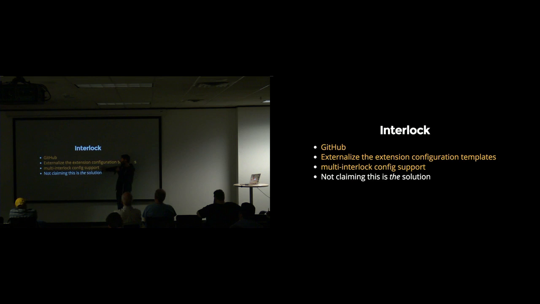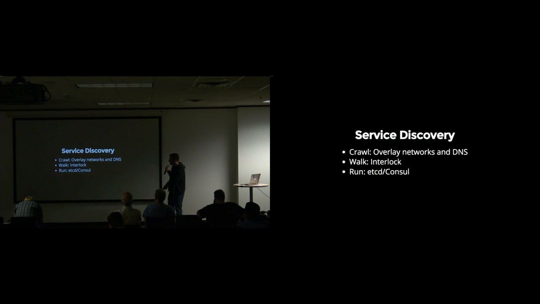It also needs support for multiple services, so that's what this multi-interlock config support is. I've got a proof of concept commit out there that I'll be turning into a pull request pretty soon once this thing lands. Now I'm not trying to claim that Interlock is the solution. It's more how I view it.